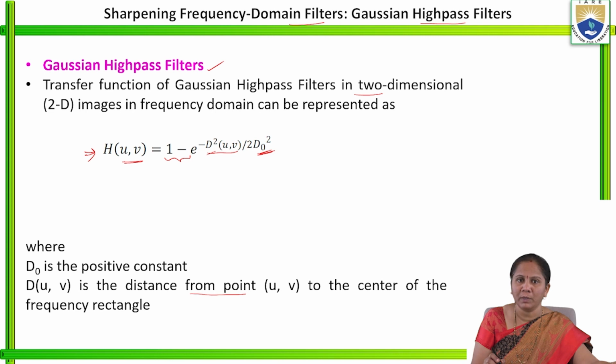So this part is completely the transfer function of the Gaussian low pass filter, and in order to represent the Gaussian high pass filter, we made it 1 minus the Gaussian low pass filter h of u comma v.